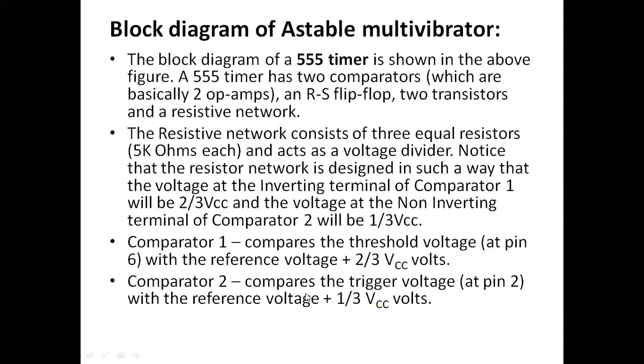And next, comparator 2 compares the trigger voltage with the reference voltage. By the use of the voltage divider network, we get 1 by 3 VCC at comparator 2, and the comparator compares this reference voltage with the trigger voltage, that is pin 2 voltage.